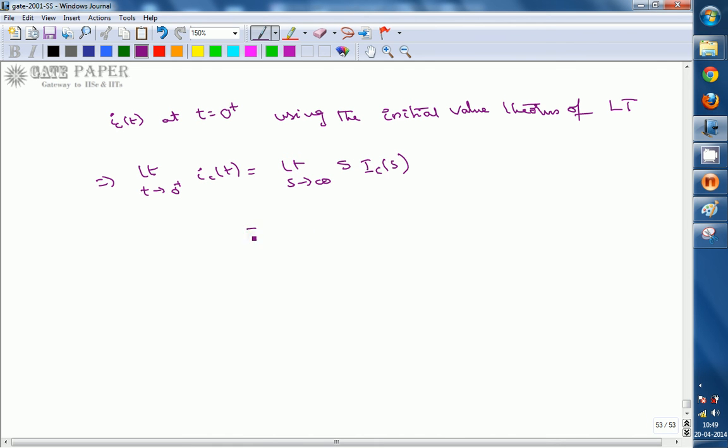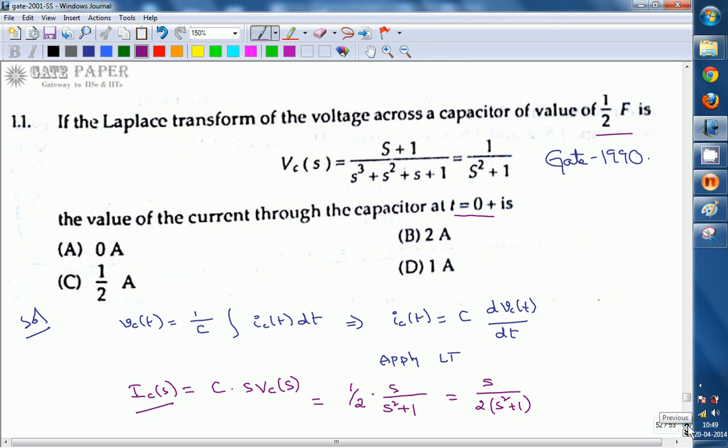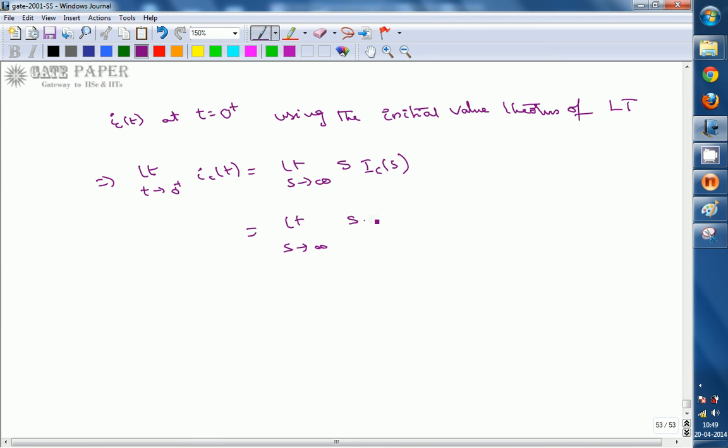Then by substituting the value of IC of s here, this is s into s divided by 2 into S square plus 1. So this is equals to limit s tends to infinity S square divided by 2 of S square plus 1.